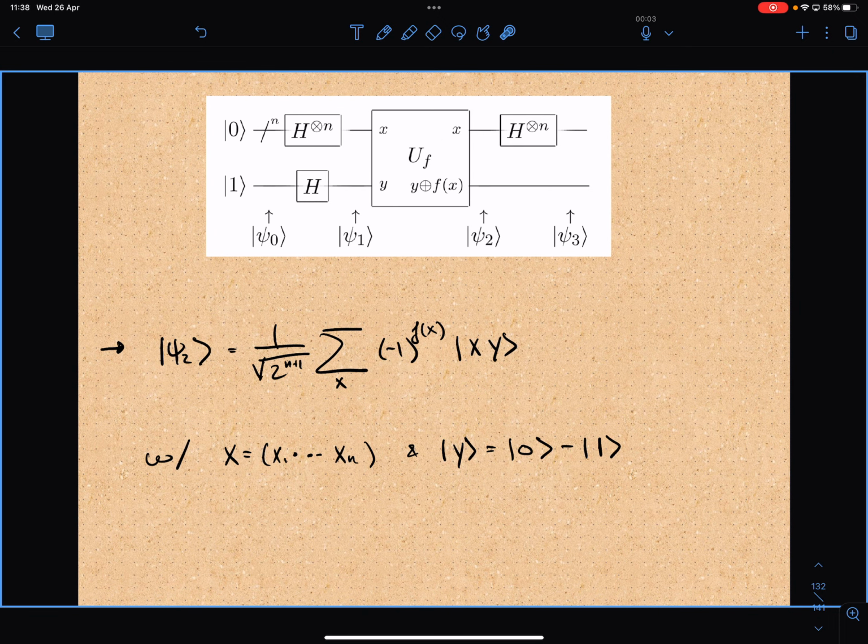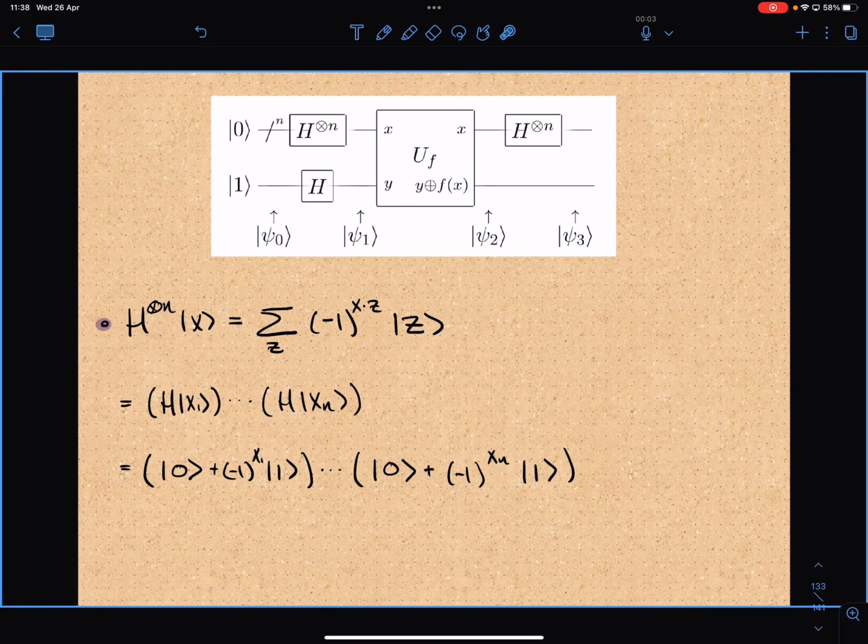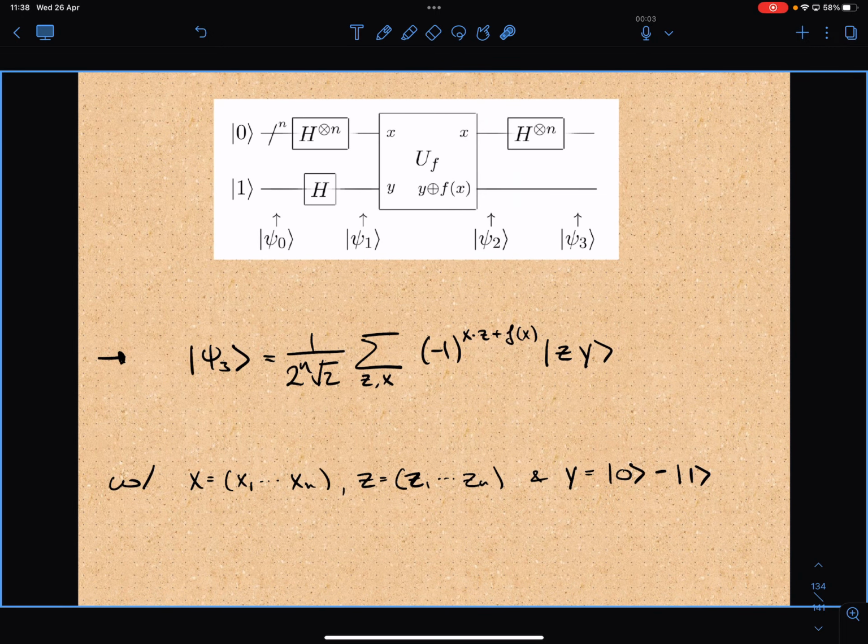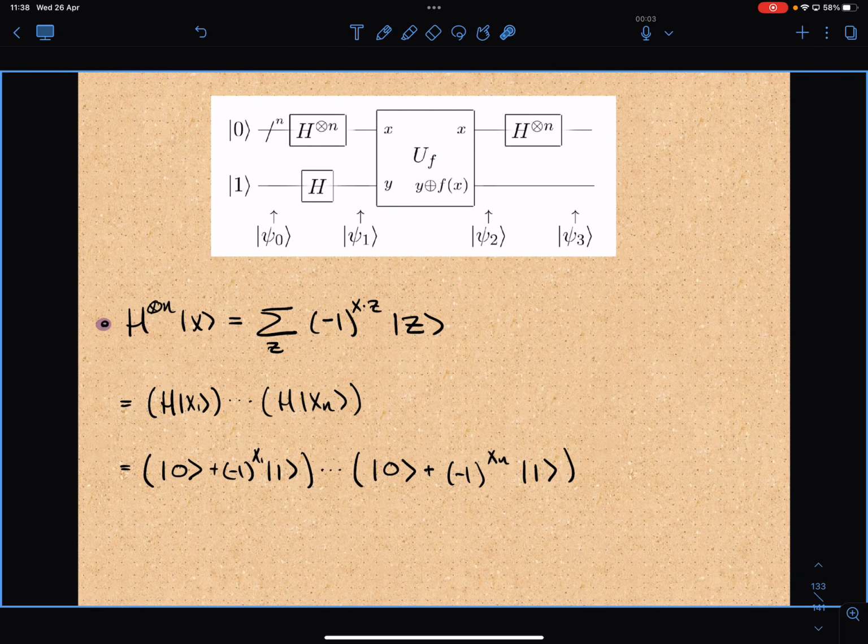So let's move on to psi 3. In here, we're now applying the Hadamard gate on the first n qubits. And this is my claim. I did this one backwards.